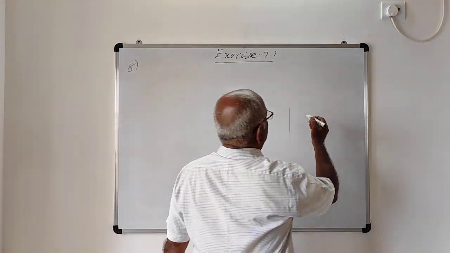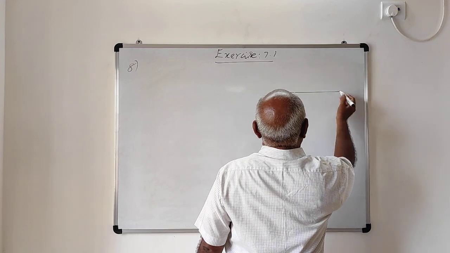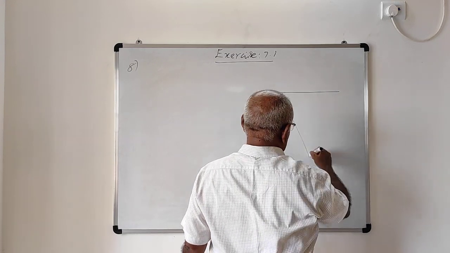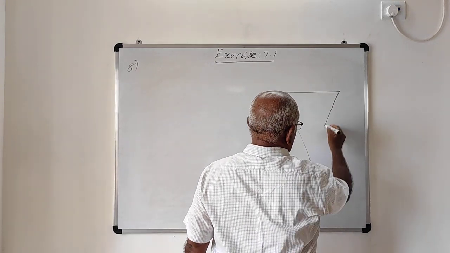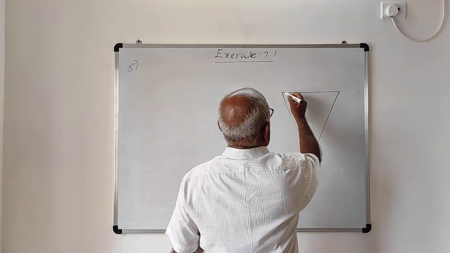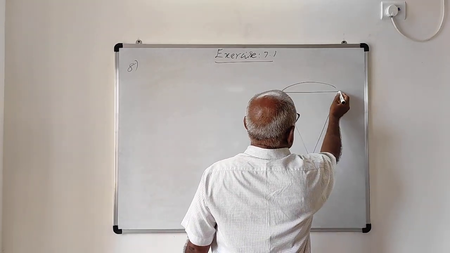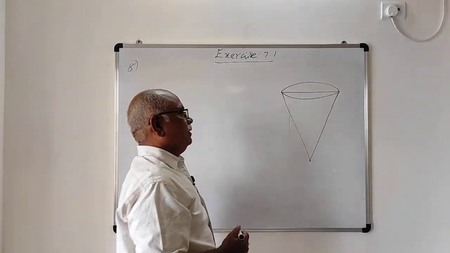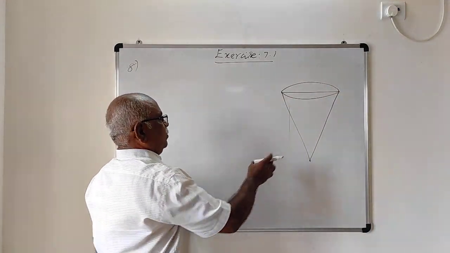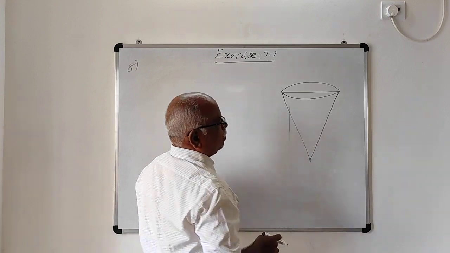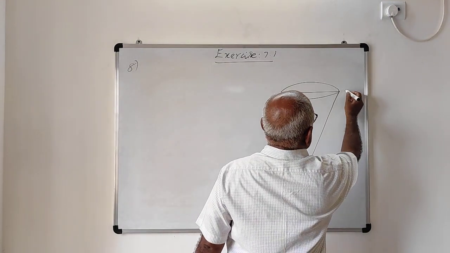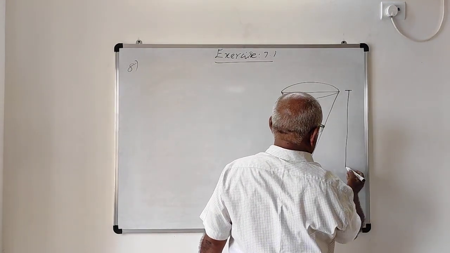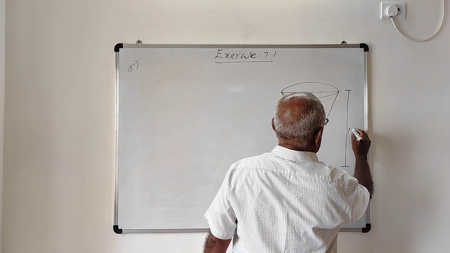See, this is a conical water tank with vertex down. The height of this tank is 12 meters.